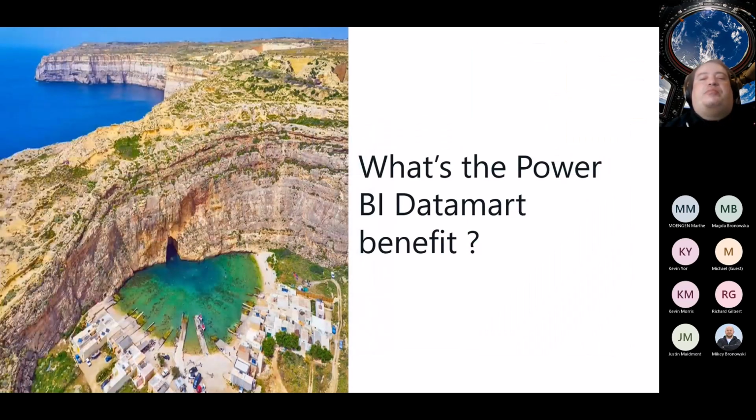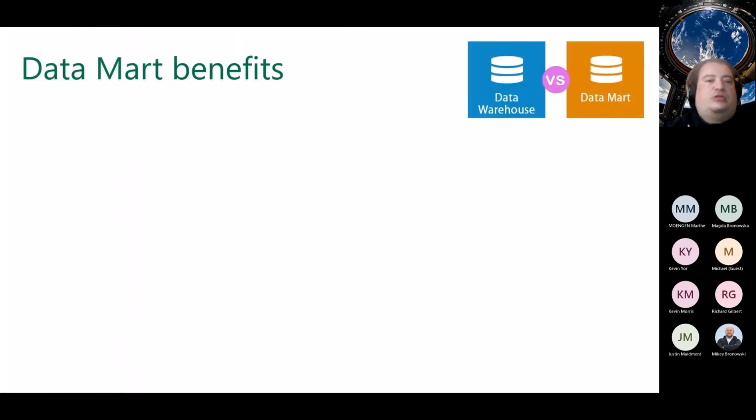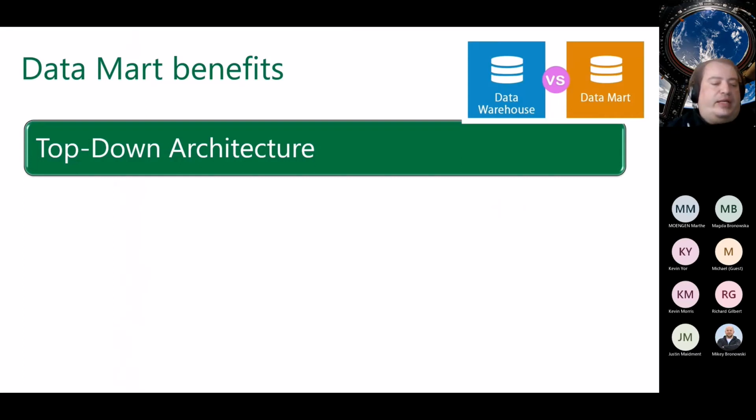And what's the Power BI Data Mart benefit? What is the Power BI Data Mart bringing to us? So, Data Mart benefits. We can implement what is called a top-down architecture. I just explained about single source of truth. Let's say that the single source of truth is uniting data from a global corporation.